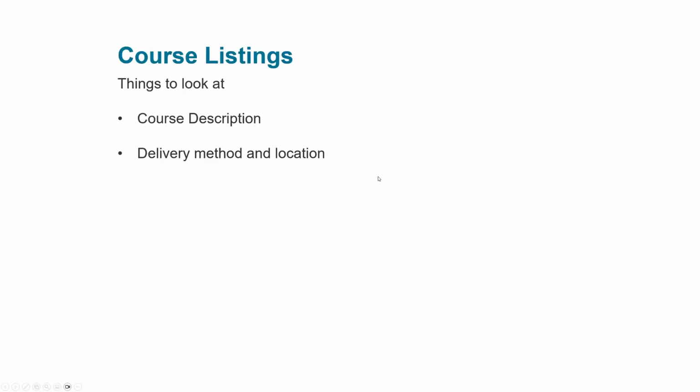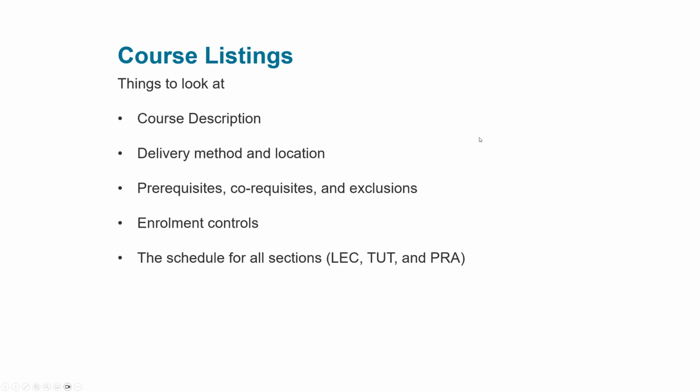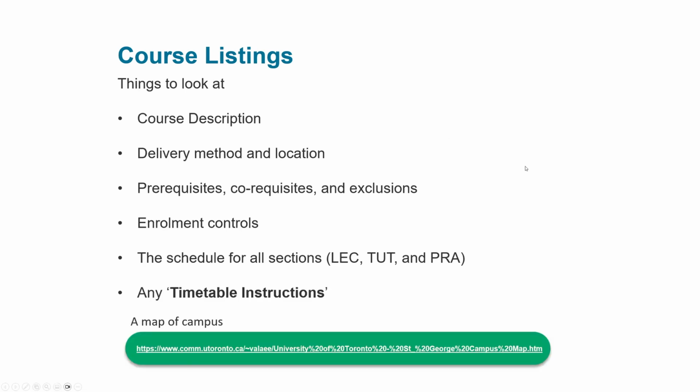So just to make sure that we covered all of these, you should know where to look for the course description. You should know to look for the delivery methods, the prereqs, the co-reqs, the enrollment controls. You should know about enrolling in all of your sections, and you should know to be looking for timetable instructions. There are a couple of different versions of the campus map that you can find. I like this particular version that I've linked. It looks a little bit goofy, but it highlights all of the buildings with their building codes.